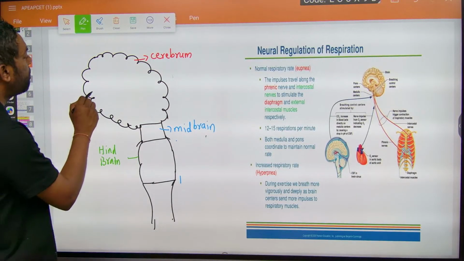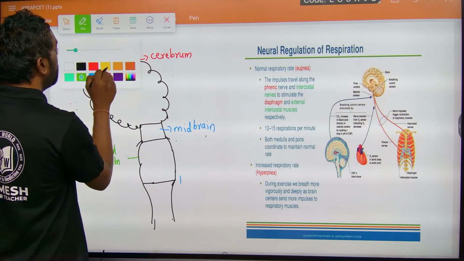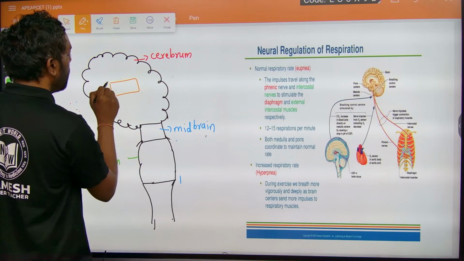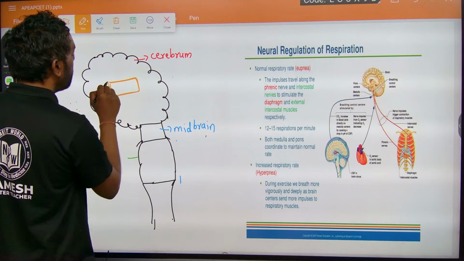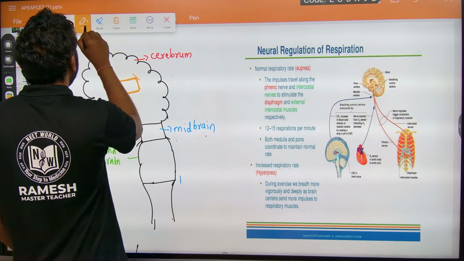In the forebrain there are two parts, the diencephalon and the cerebrum proper. The diencephalon has a third ventricle.